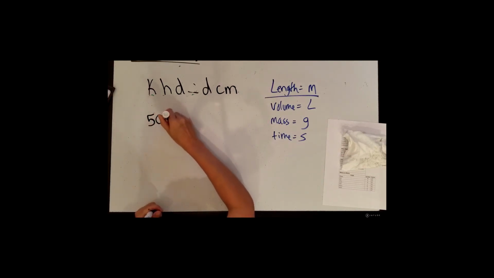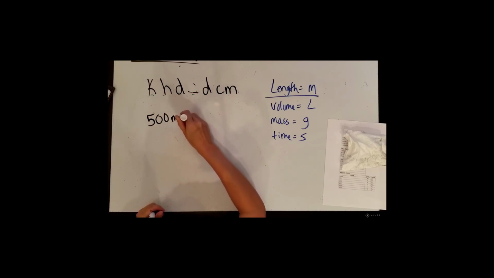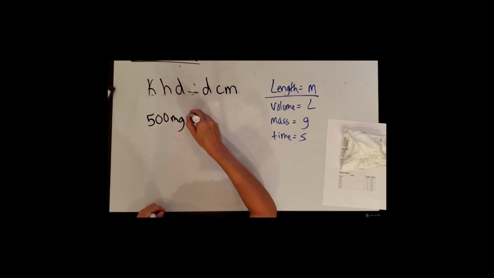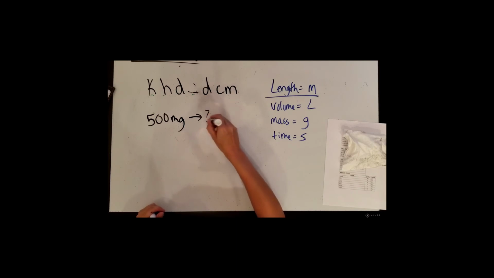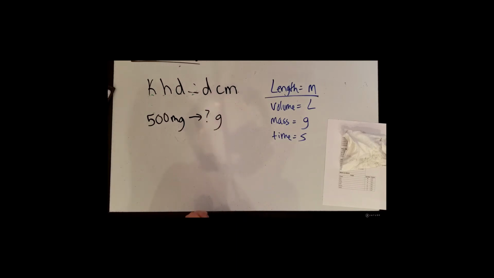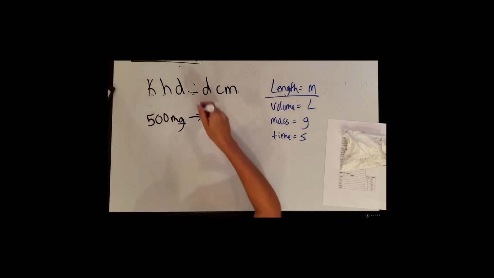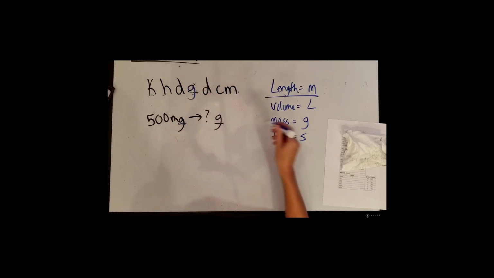So say you had to take a 500 milligram dose of some medicine, and you wanted to know, okay, how many grams is that? To recognize it as metric to metric, we're looking for a letter in common. So I have G and G, grams and grams, milligrams to grams. So that means G is my base. I'm measuring mass this time.